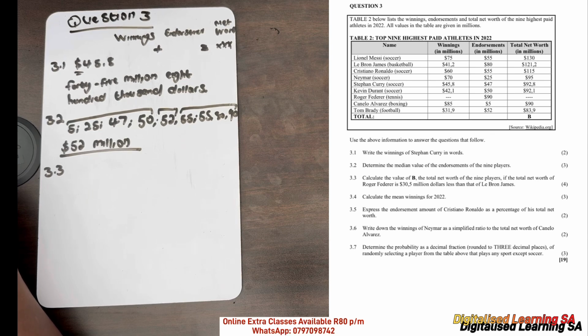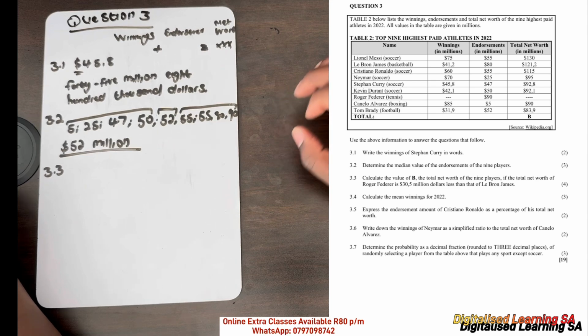We are told that the net worth of Roger Federer is $30.5 million less than that of LeBron James. So to get the net worth of Roger Federer, we just subtract 30.5 from LeBron James' net worth.